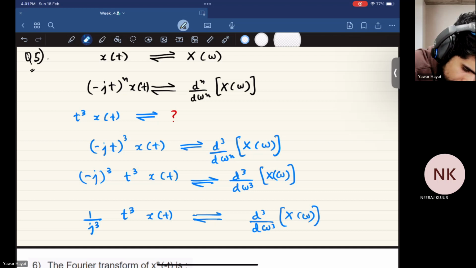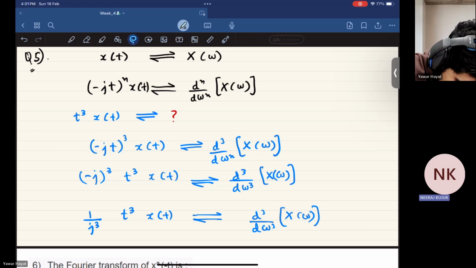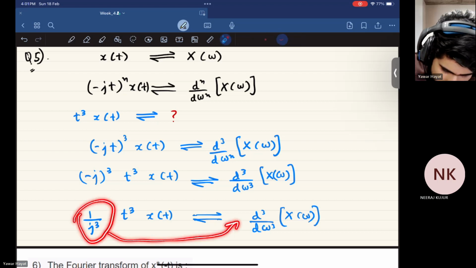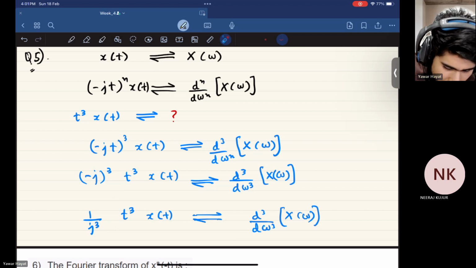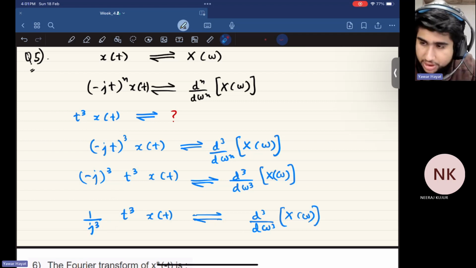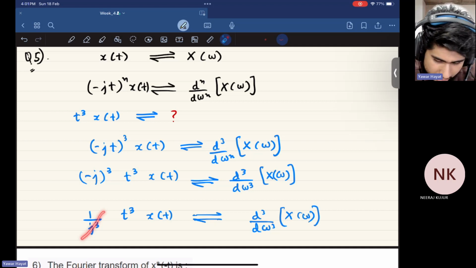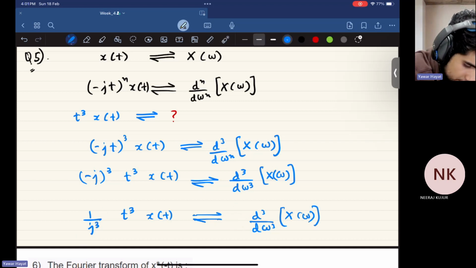And then what I can do is take this 1 over j cube here. If I multiply both sides by j cube, this would be 1 and I'll have j cube here. Let me do that.